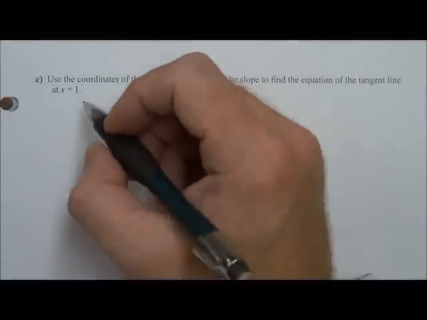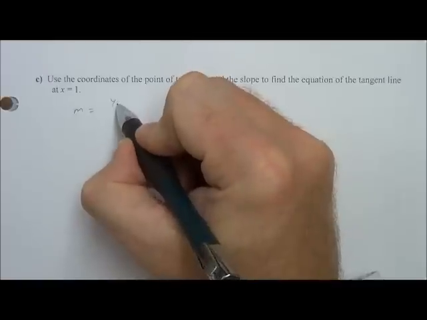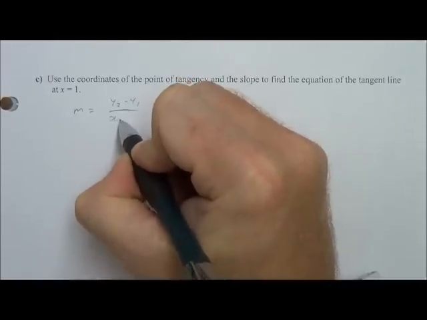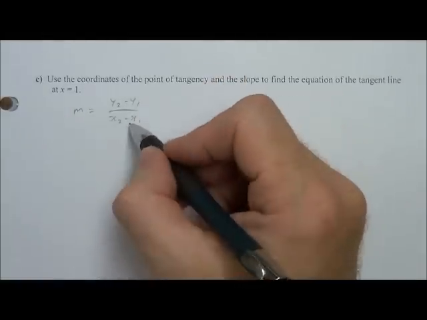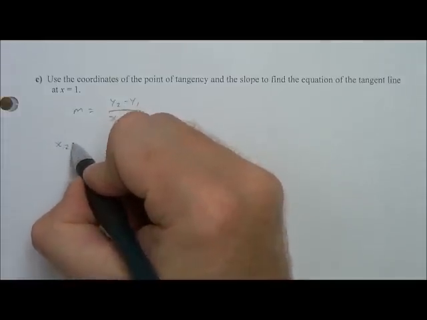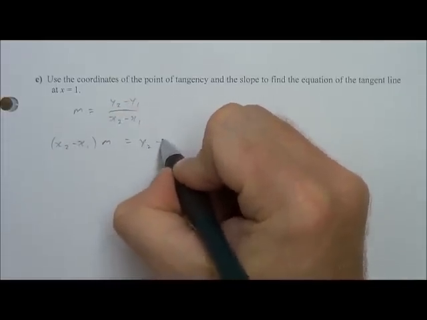So when we have the slope, we know slope is y2 minus y1 over x2 minus x1. If we rearrange this, multiply both sides by the denominator, we get x2 minus x1 times m, and that will equal y2 minus y1.